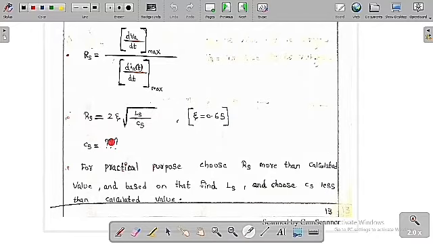So choose the value of Rs greater than the calculated value, keep it in the equation, and try to get the value of Ls.